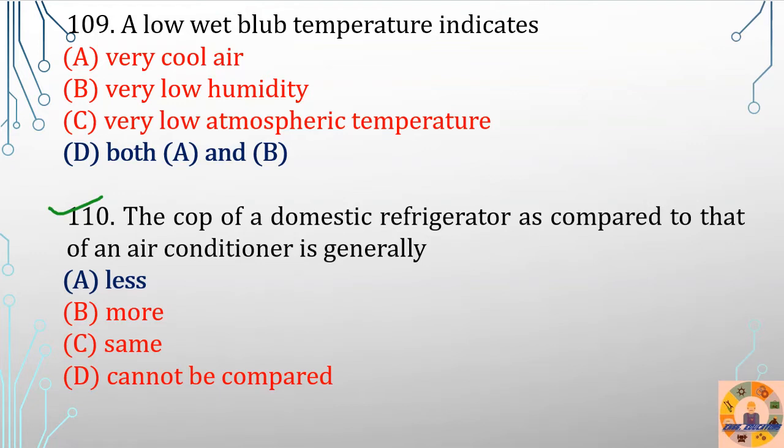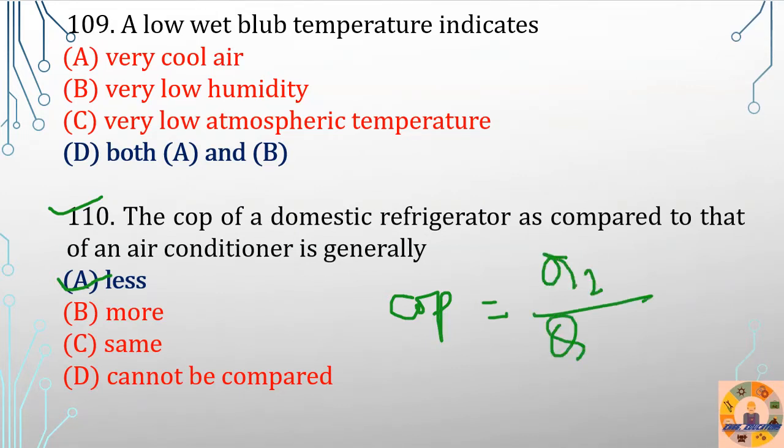The COP of a domestic refrigerator, as compared to that of an air conditioner, is generally low. So COP of a refrigerator is Q2 by Q1 minus Q2, where Q1 is the higher heat and Q2 is the lower heat.